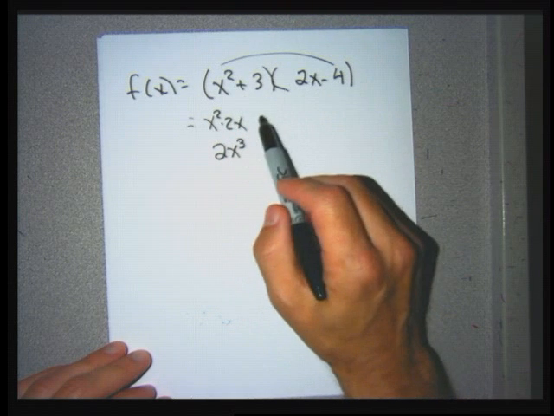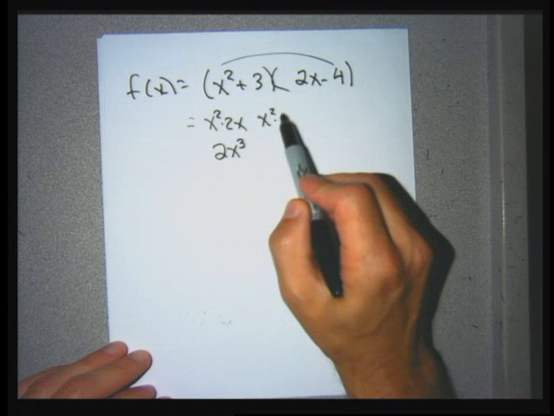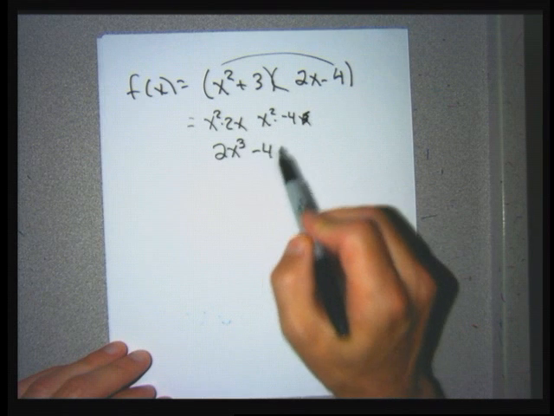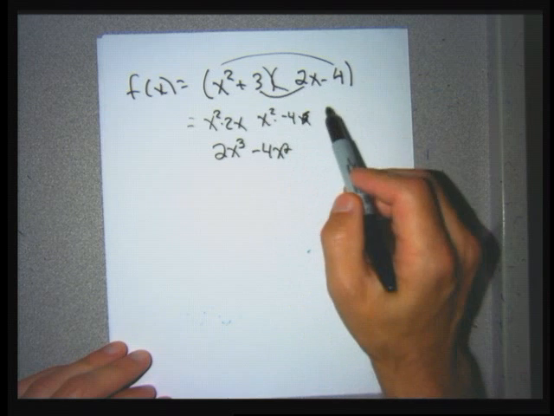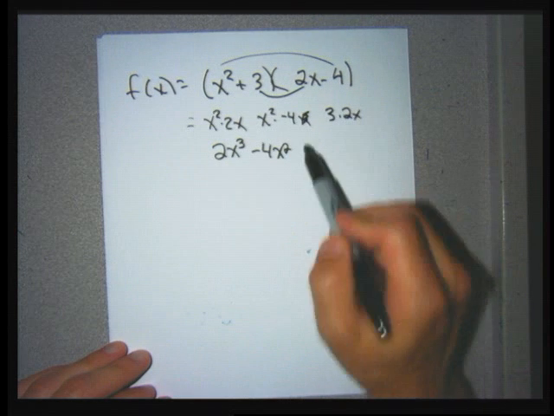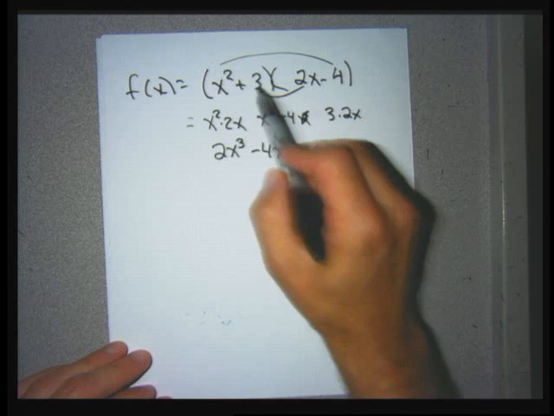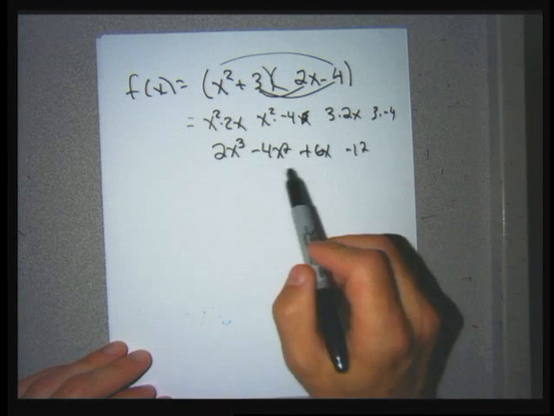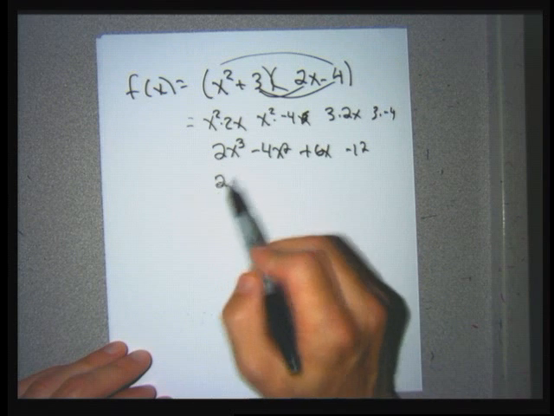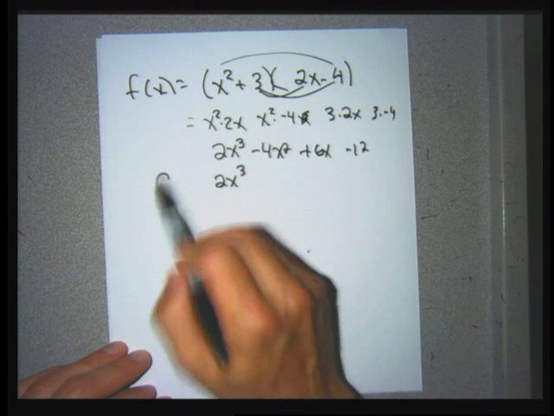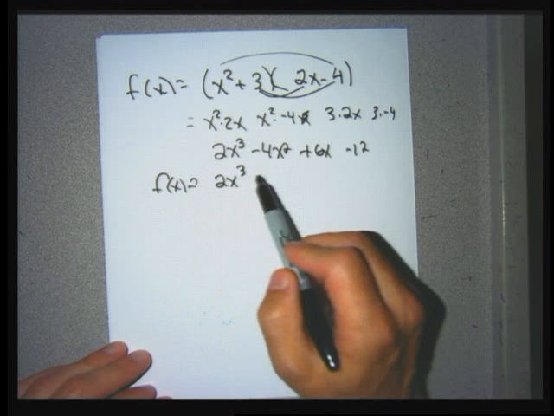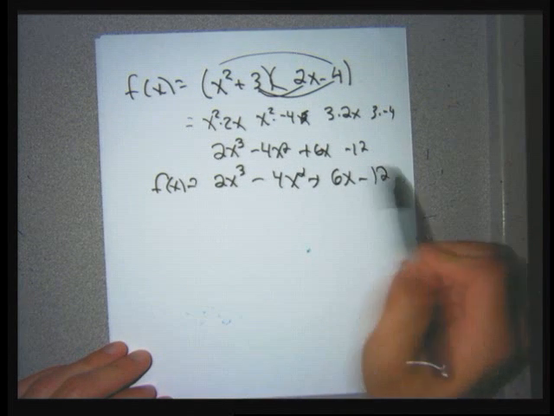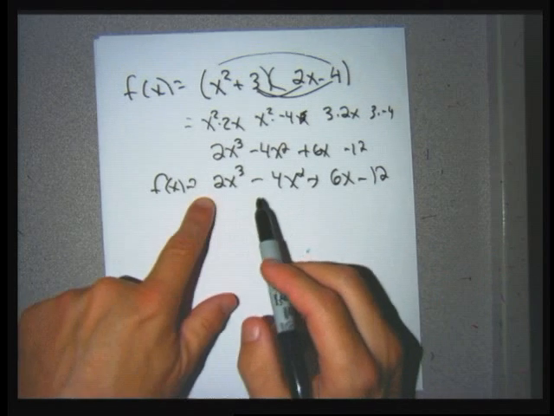Outers are x squared times minus 4, which is a minus 4x squared. Inners are 3 times 2x, which is a 6x. Lasts are 3 times negative 4, which is a negative 12. That's expanded: f of x can be expanded to 2x cubed minus 4x squared plus 6x minus 12. So it's a third degree polynomial.